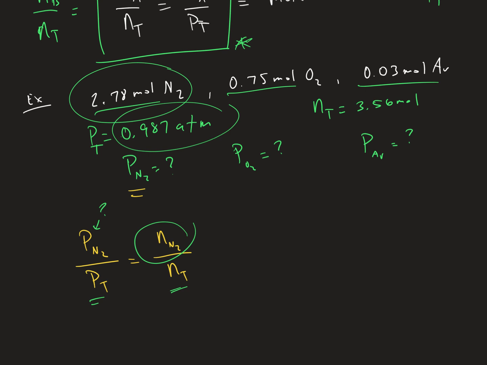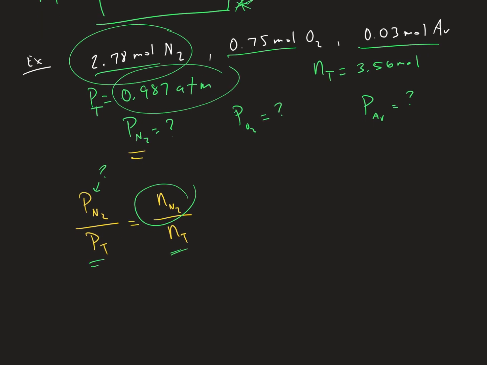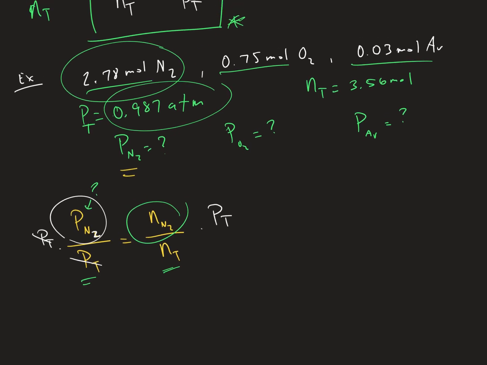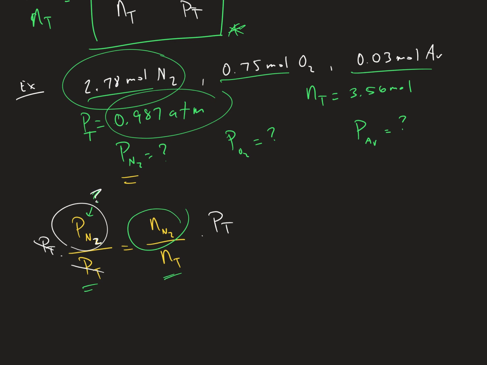Okay. So let's solve for that guy right there by multiplying the total pressure to both sides. Do we have the NT? What's your question? The pressure of N2 on the top, 3.56. We don't know what that is. We're looking for that. That's our question. What's the partial pressure of N2?